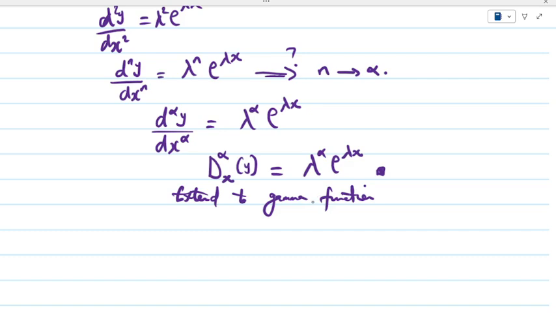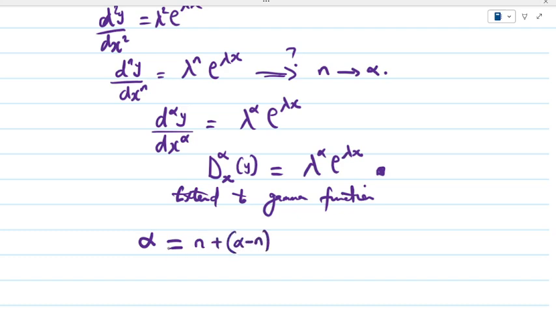To extend this, we can have alpha equal to n plus alpha minus n.